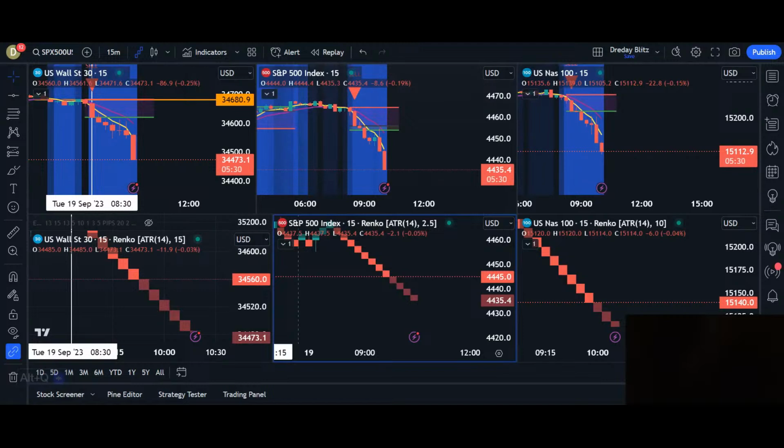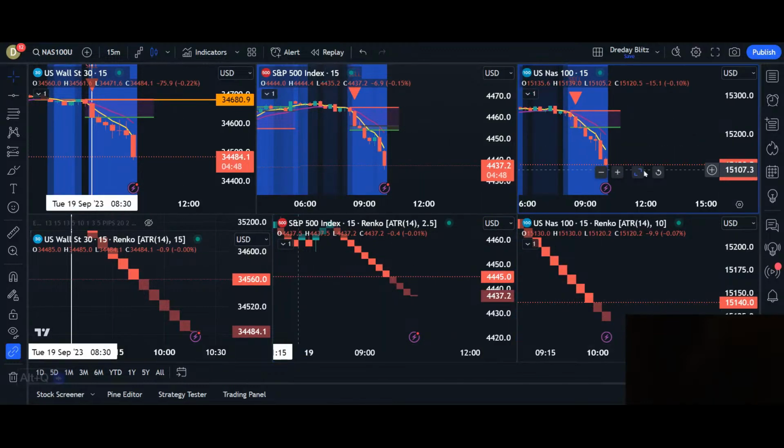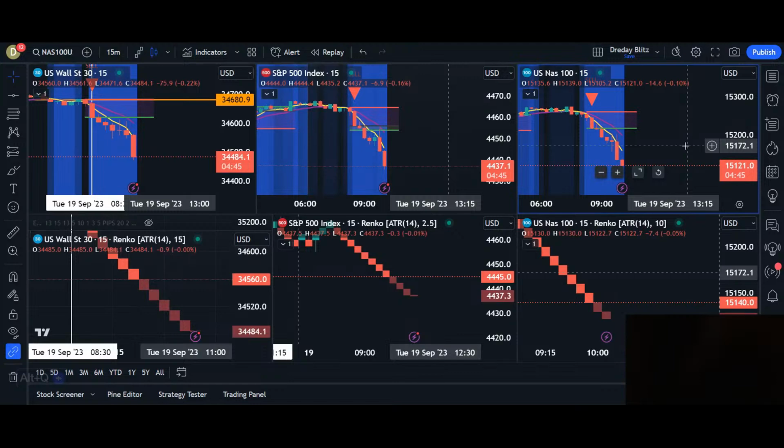Make sure you put your trailing with a good space, so that way the trade can breathe and keep going where it's supposed to go. Put it here. Perfect.